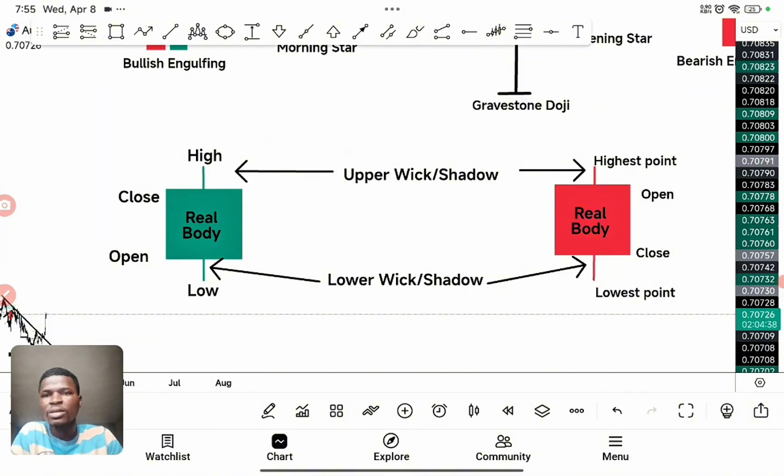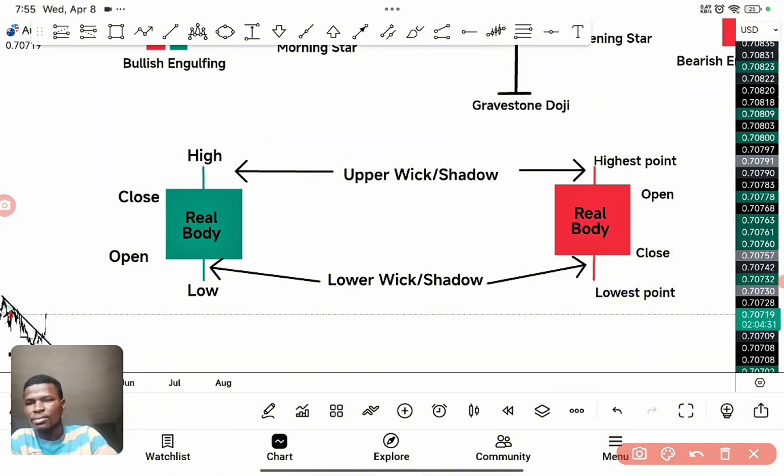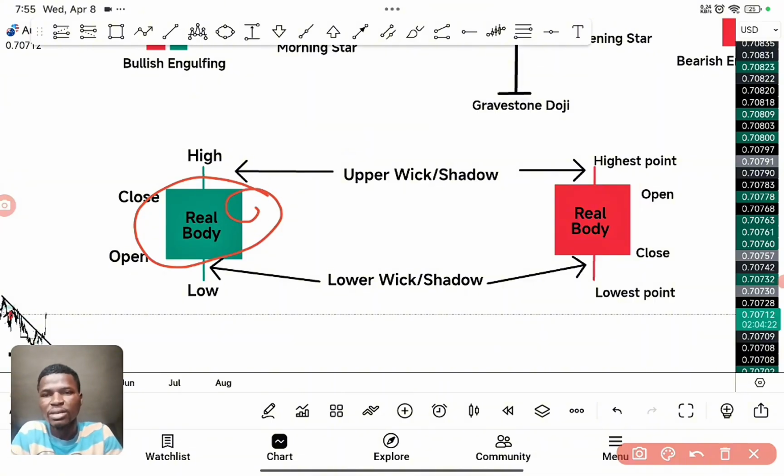So you can see the candlestick has two main parts. The body, this thick rectangle that I mark. That is what they call the body. It ranges between the opening price and the closing price.